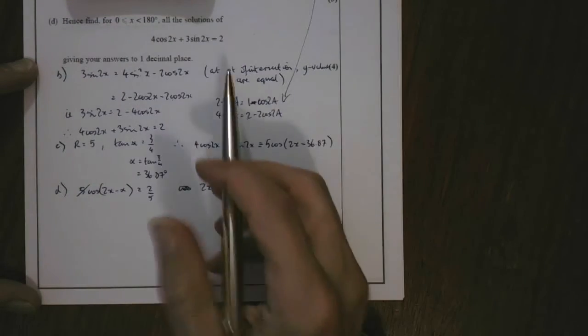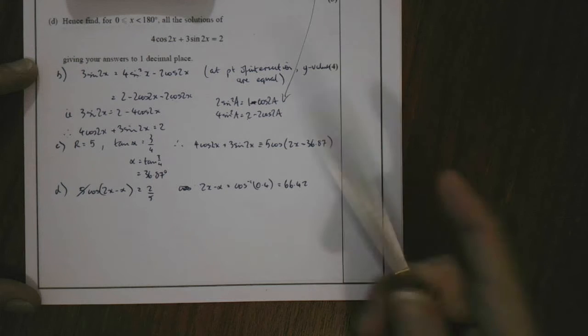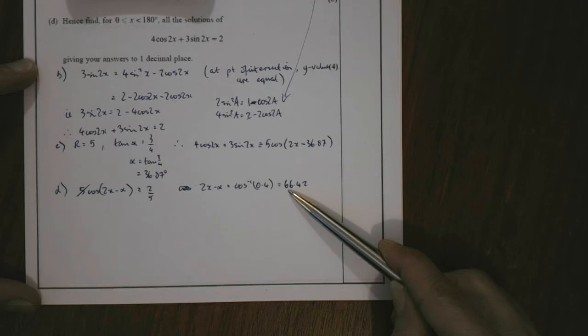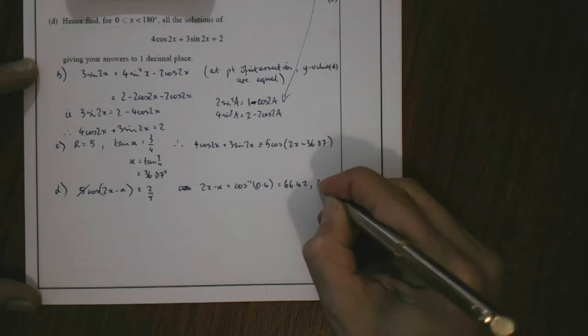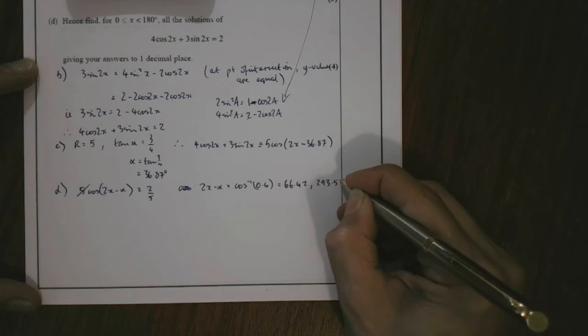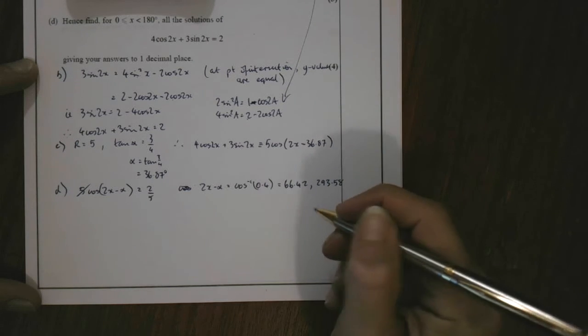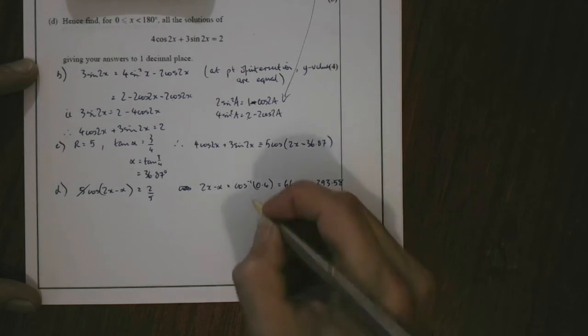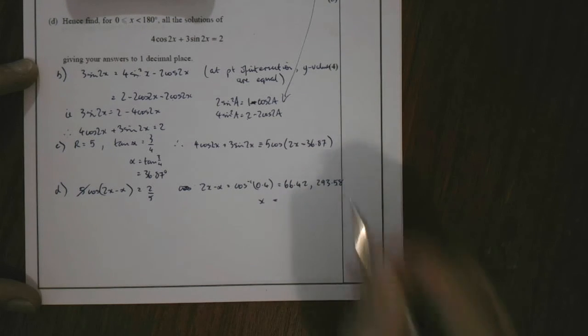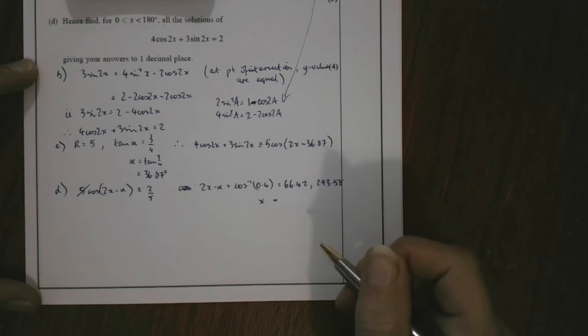We want all the answers between 0 and 180. Well, the next answer is going to be 360 minus this, which is 293.58, and therefore x would be equal to these answers, add alpha, divided by 2.